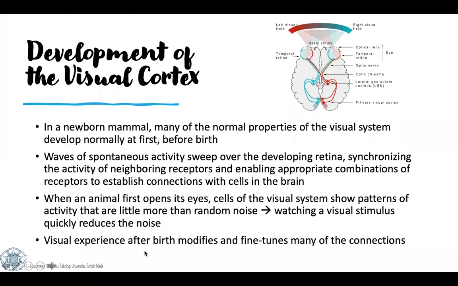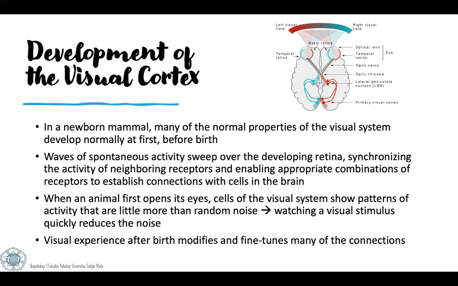In the newborn mammal, including human, many of the normal properties of the visual system develop at first before birth. And then waves of spontaneous activity sweep over the developing retina, synchronizing the activity of neighboring receptors and enabling appropriate combinations of receptors to establish connections with the cells in the brain. How awesome is that? And still, when a mammal first opens its eyes, cells of the visual system show patterns of activity that are little more than random noise.